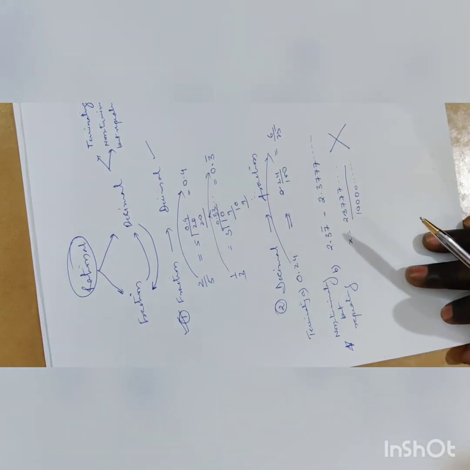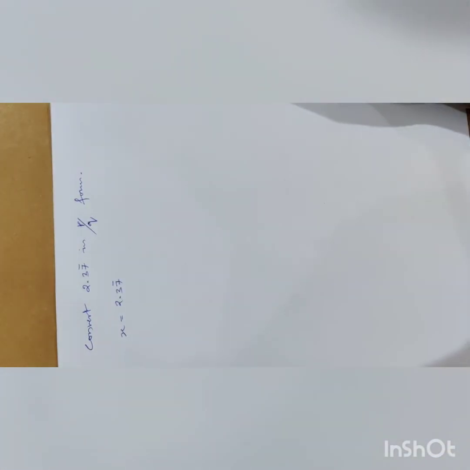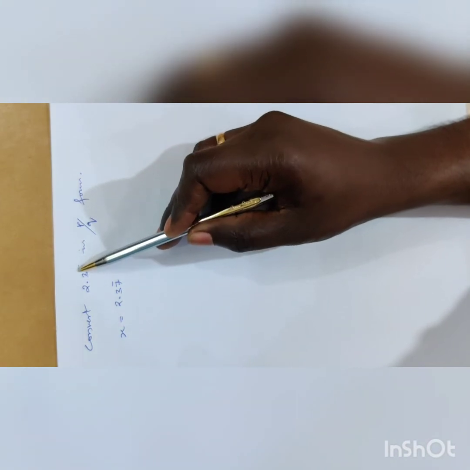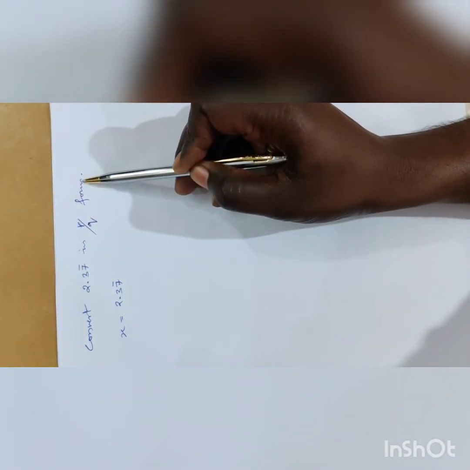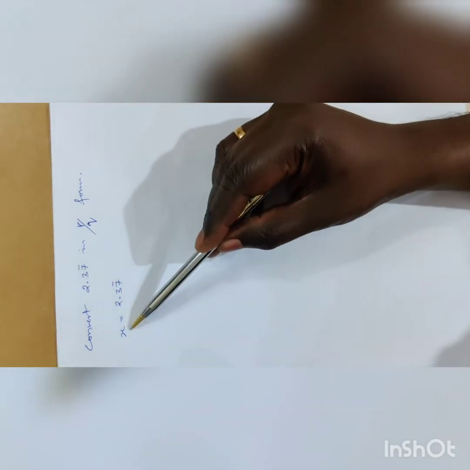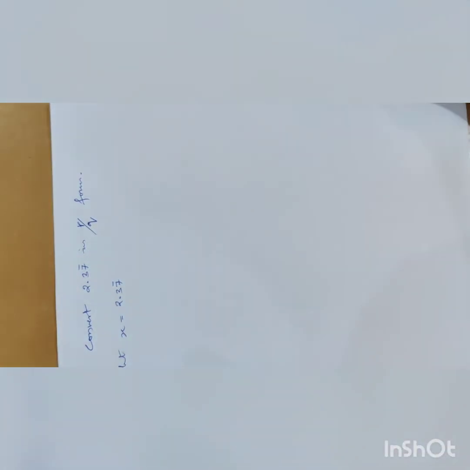So the other method, for the method to solve this, I'll tell you. So the question is, convert 2.37 bar into p by q form, right? So what I do is, first I consider this to be x. Say let x is equal to this.